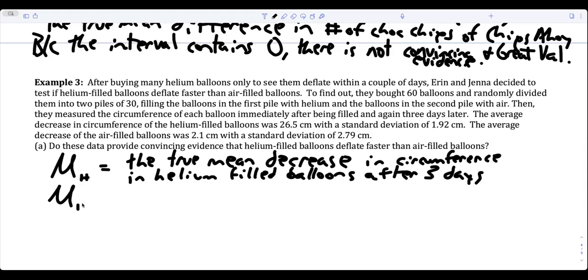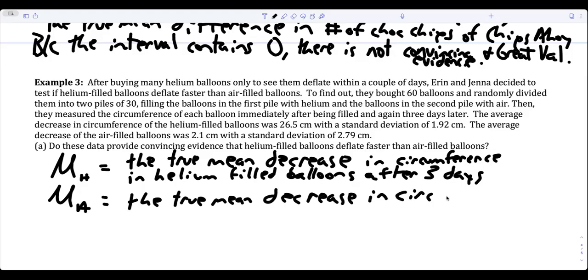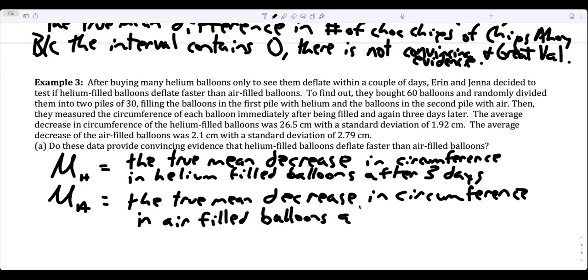And mu sub a is going to be the true mean decrease in circumference of air-filled balloons after 3 days.